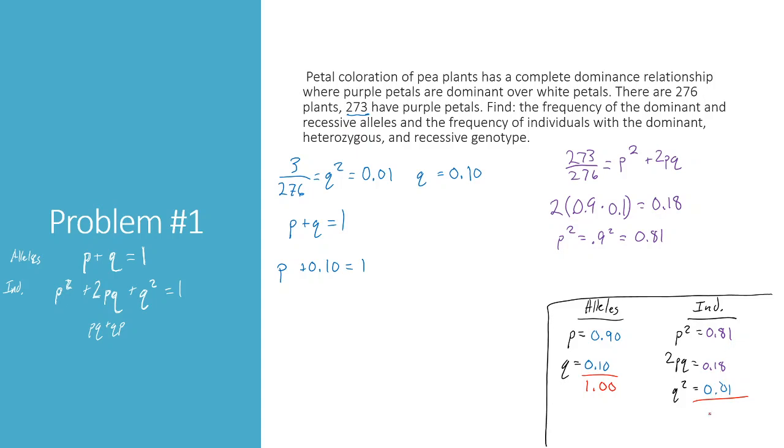And in this case, our numbers do add up to 1.0, add up to 100%. If it adds up to some other number, like say it adds up to 88%, you are missing something and you need to go back through what you've done in order to find out what it is.